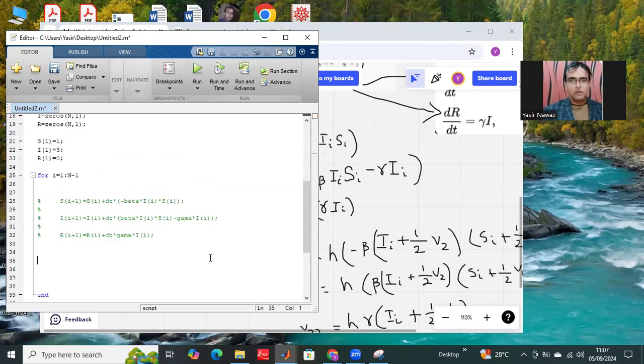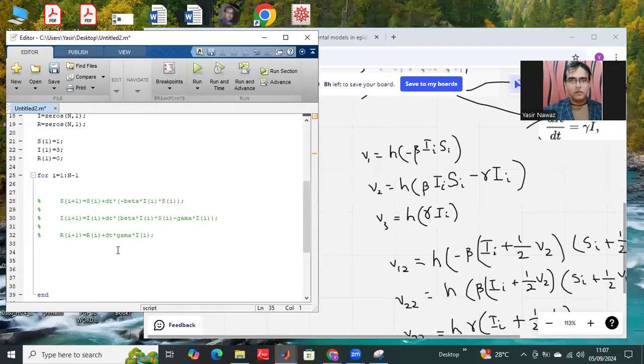So now, first it is V1. So I write V1 here. V1 is equal to H. Instead of H, I use dt because I have used dt. dt into minus beta multiplied by I at i multiplied by S at i. That's V1.